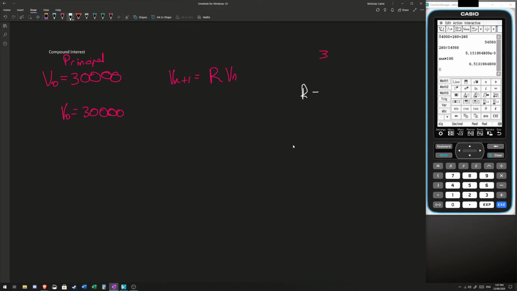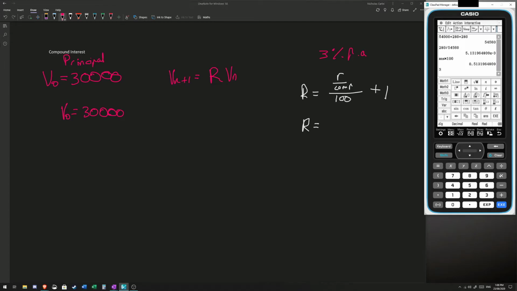very similar to the other one, it's R over our compounding period. I'm just going to write compounding. I think it's T, the letter, but I'll leave it with compounding so I don't confuse you guys. But we add 1, just for recurrence relations. So we have 3% per annum.